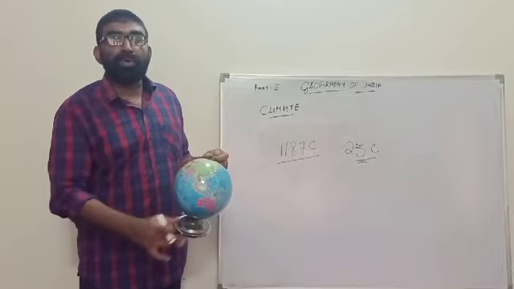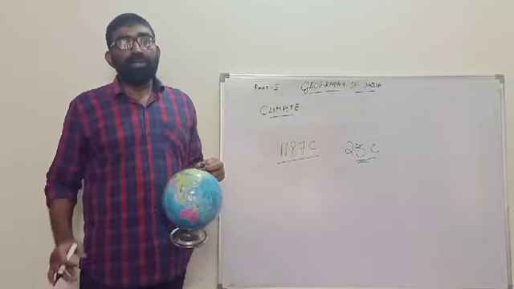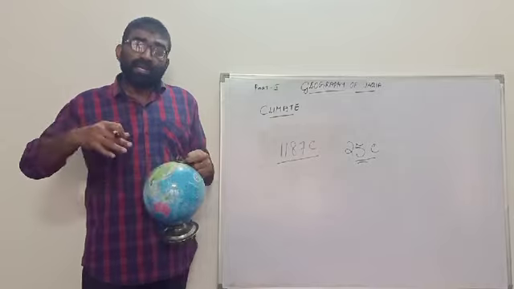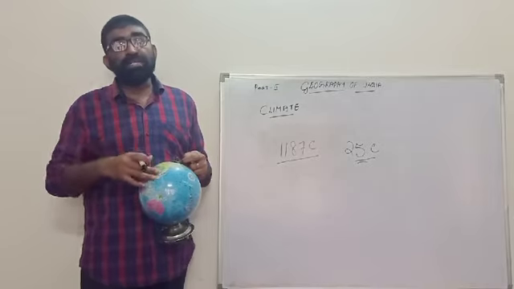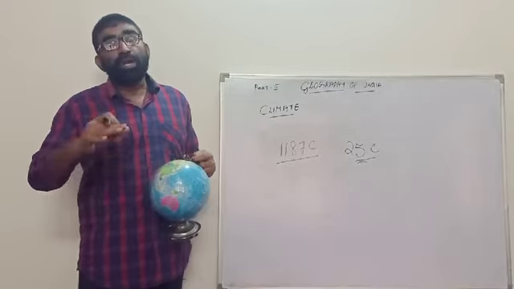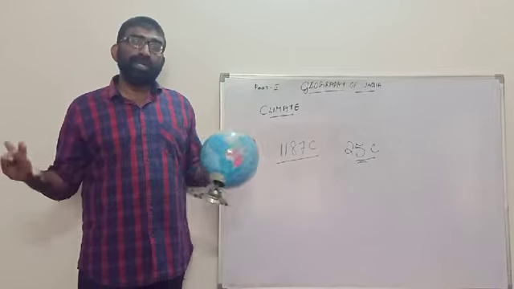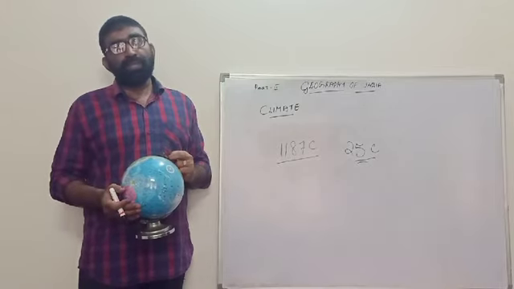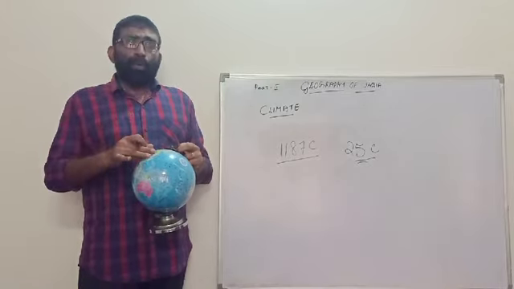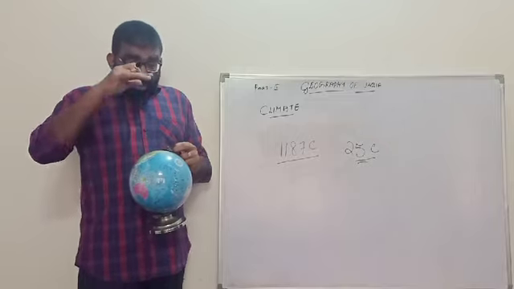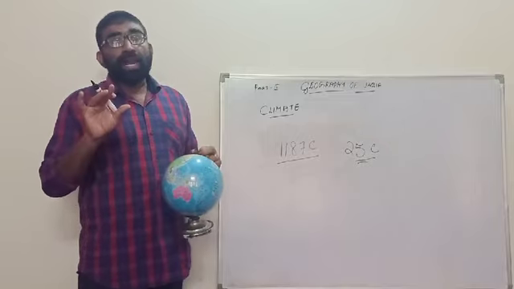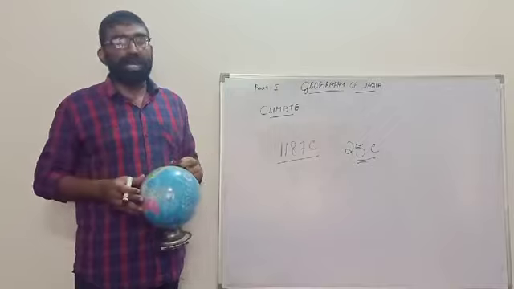The northeastern parts remain dry. So here we can see the diversity in the distribution of rainfall and also the distribution of temperature. Even though this much variation is there, the climate of India is a uniform type of climate.